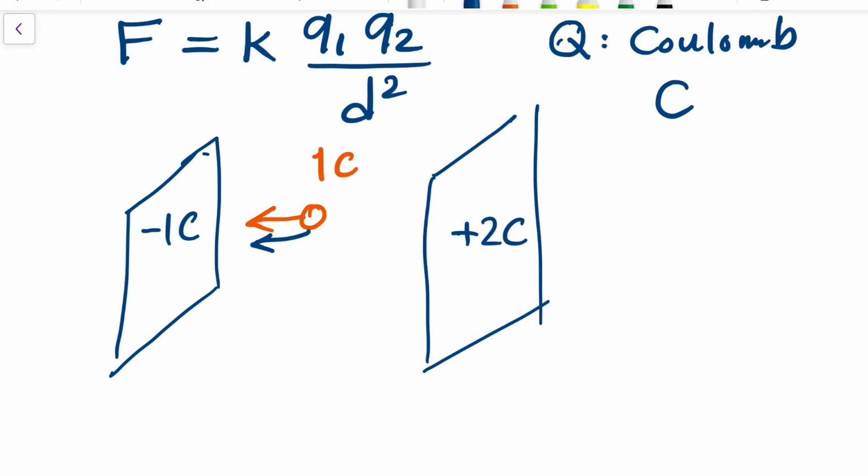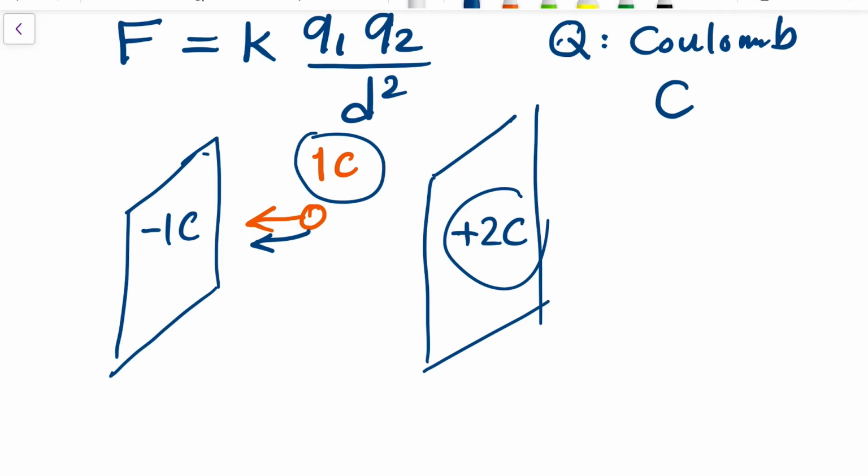So the force between the left plate and the point charge is attractive. But if we consider this charge and this plate, we see that the sign of both charges is positive. So this force becomes positive, and that means that these two charges repel each other. So the direction of both forces is toward left.